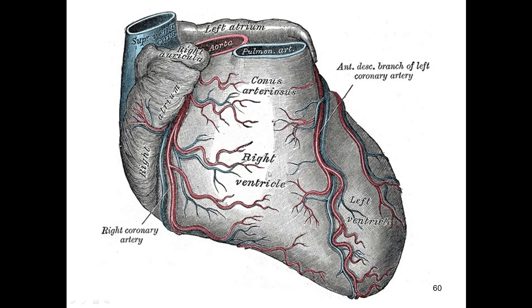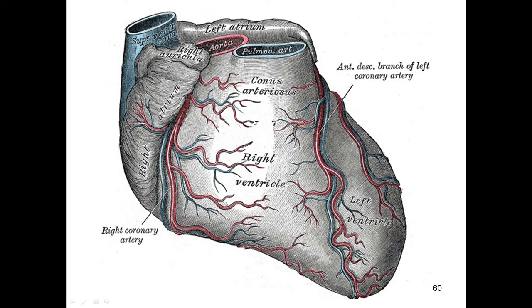Here lies the right ventricle. On this side, can you see a conical projection? That is known as the conus arteriosus, and it continues with the pulmonary trunk. Right ventricle, right atrium, left ventricle, left atrium.